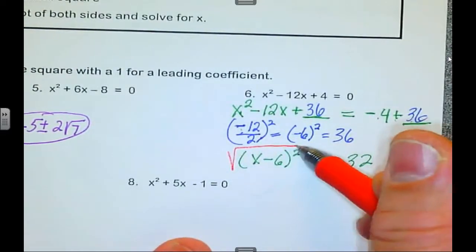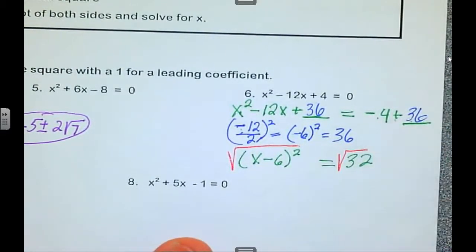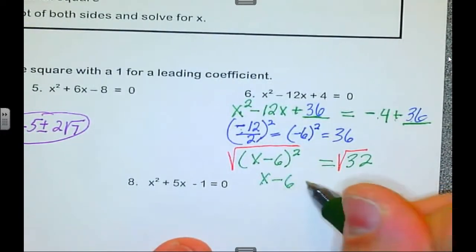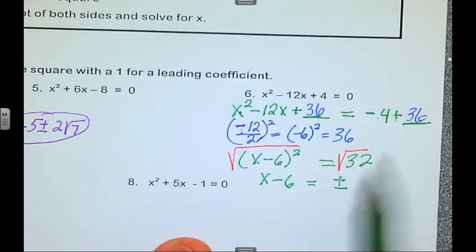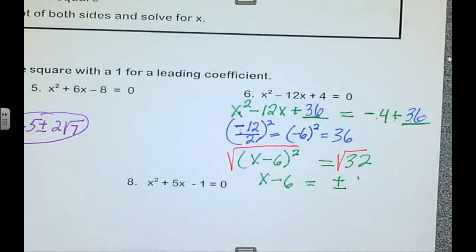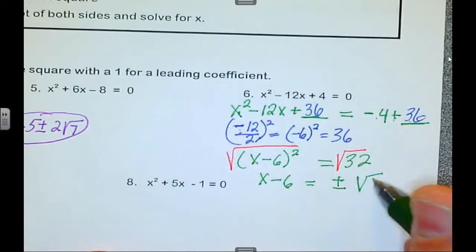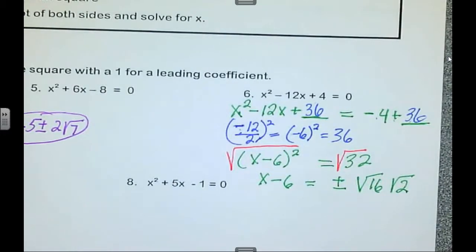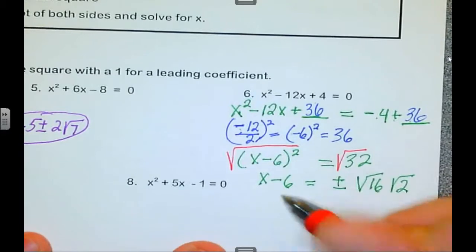Square root both sides. I get x minus 6 equals plus or minus. You can simplify this: square root of 16 times square root of 2. Then I'm going to add 6 to both sides.